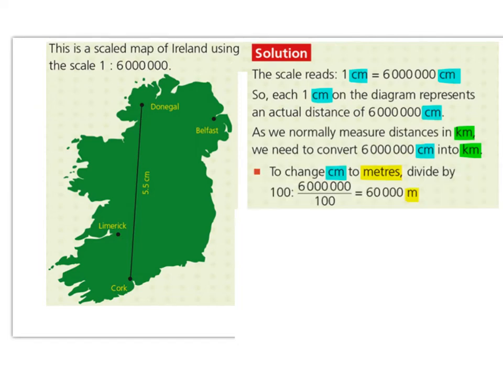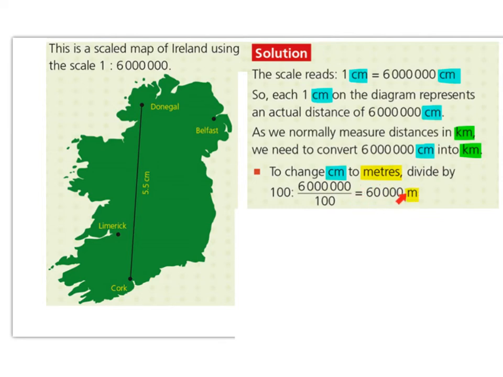So first of all, we have to change centimetres into metres. We can't jump ahead and change into kilometres. We're going to first of all change from centimetres into metres. And since there's 100 centimetres in a metre, we divide by 100. So 6 million divided by 100 is 60,000 metres. So 6 million centimetres is 60,000 metres.